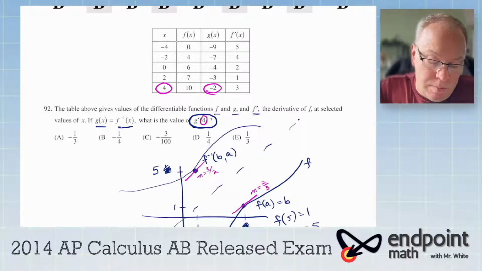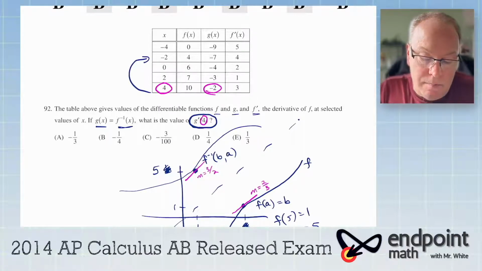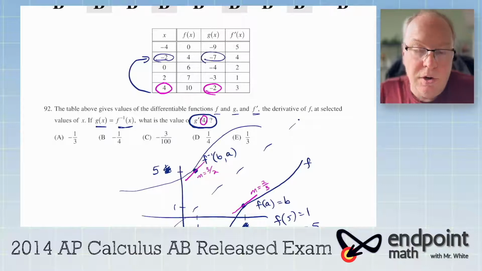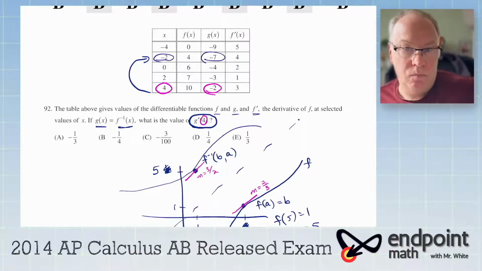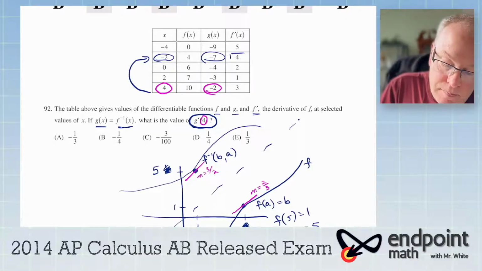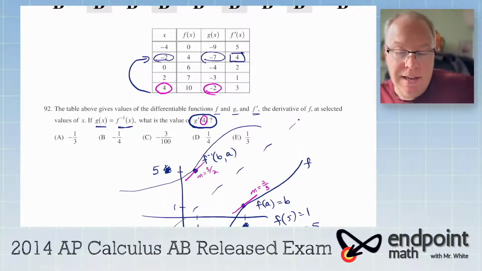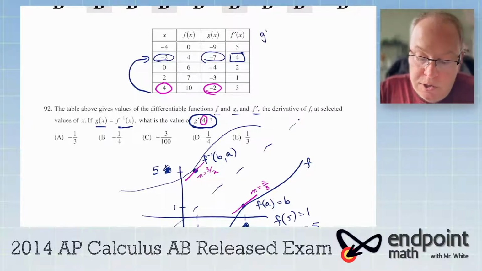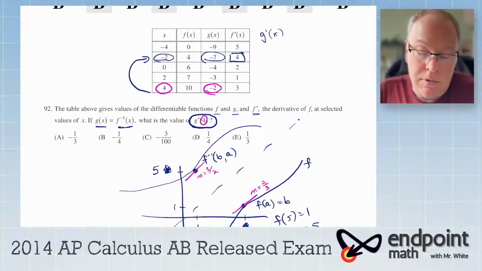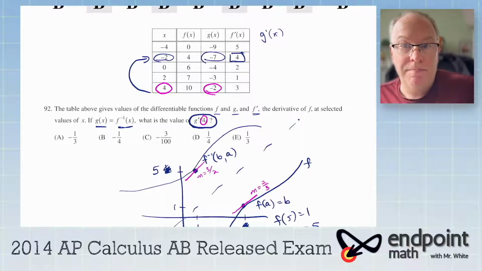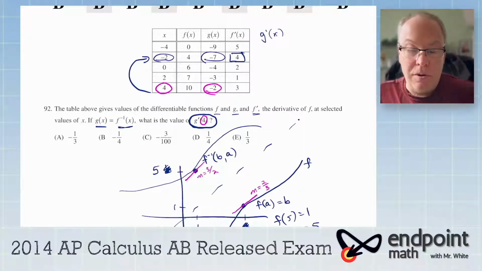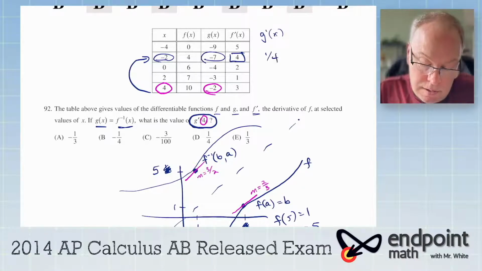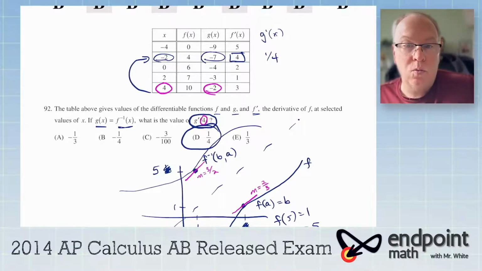So the sister point would be up here, where a -2 turns into a 4. You with me? And then the slope there is up 4 over 1. So therefore, the slope on the inverse function would be what? The reciprocal. It's 1/4. The answer there is 1/4.